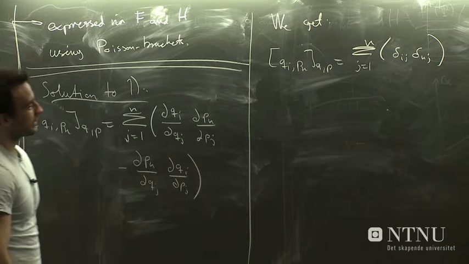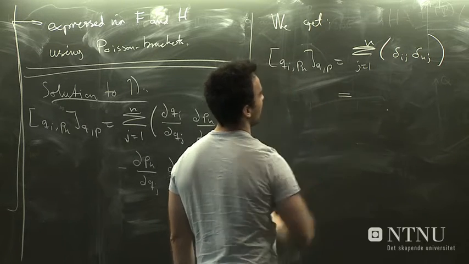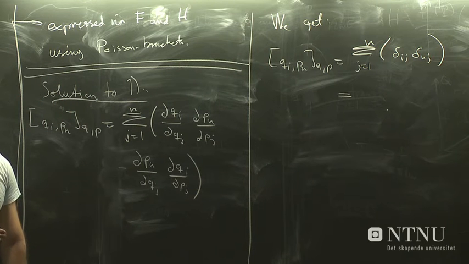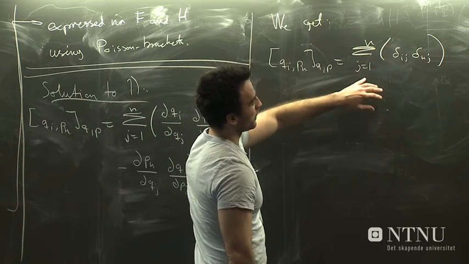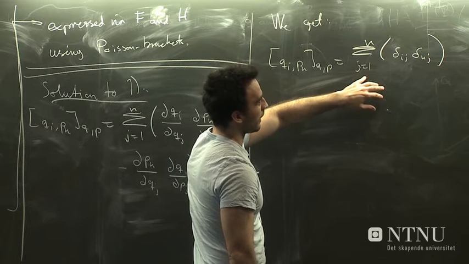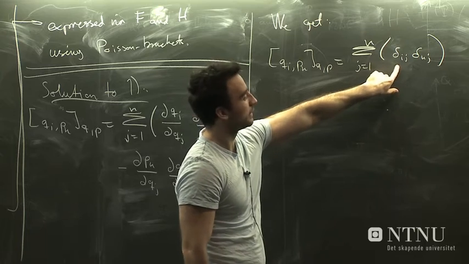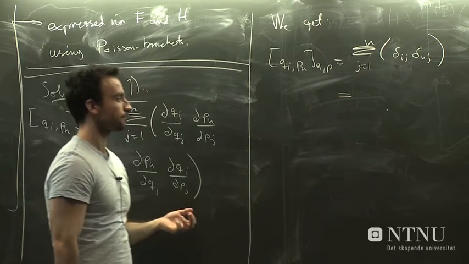All right. Well, this should be doable. Now we only have to figure out when this sum gives a finite contribution, if it does anywhere. We have a sum over j, and this only becomes non-zero if j equals i. This only becomes non-zero if j equals k.